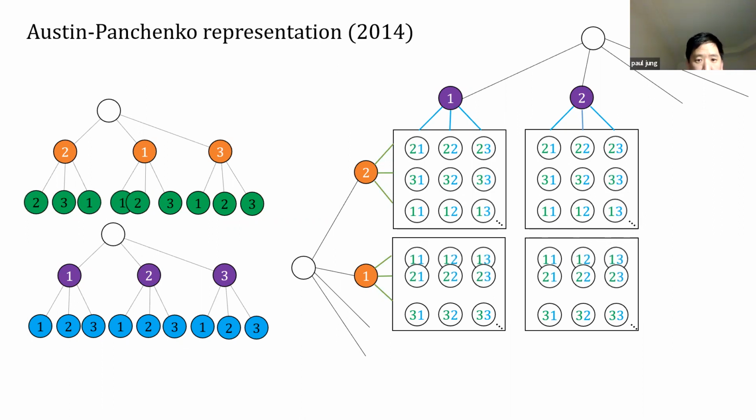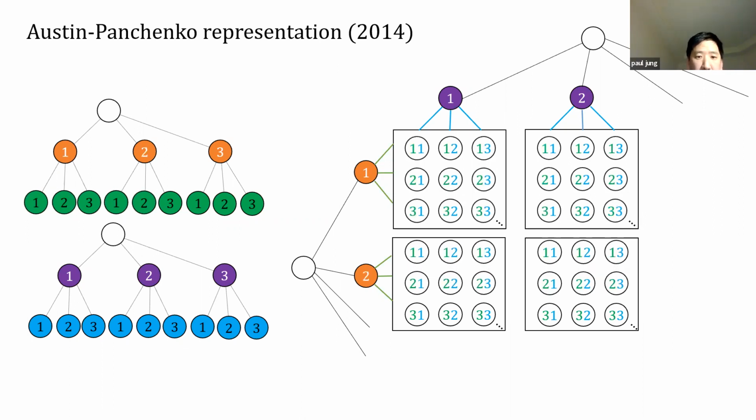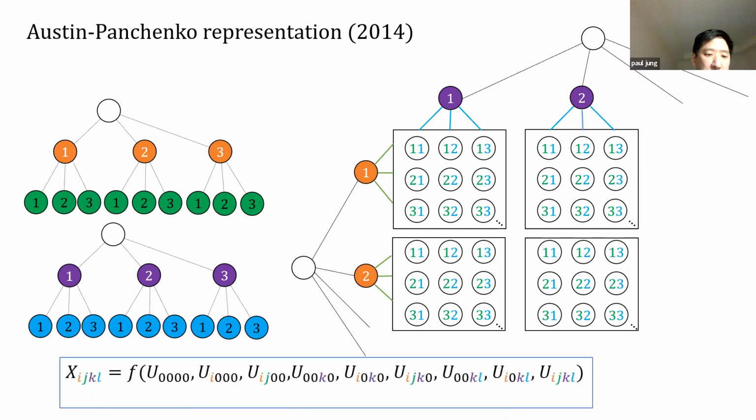And now, finally, let me get to the representation that Austin and Panchenko proved, which is that there exists some measurable f, and the family of IID uniforms, which are listed down here. Now notice this is a 4-dimensional array of random variables, but we don't have 16 different types of uniform random variables here. If we had an Aldous-Hoover representation here, we would expect to see 16 uniforms, but there are some missing.